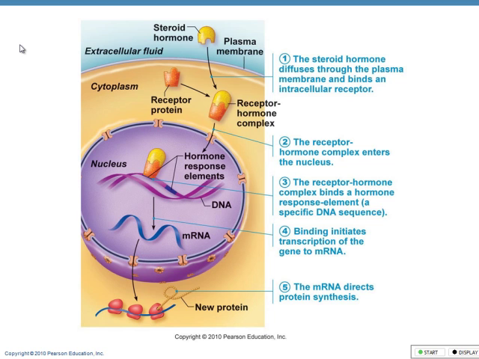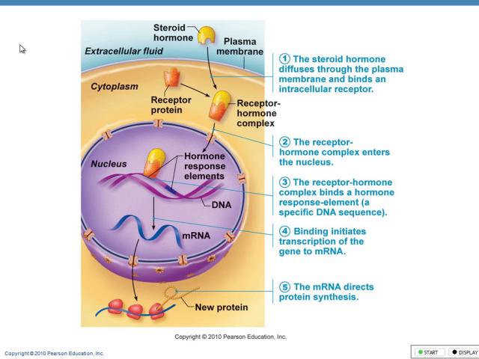So they are going to link up with a receptor protein to form a receptor hormone complex, which is then going to be transported into this big purple thing. What's the big purple thing? The nucleus. What's inside the nucleus? DNA, RNA. And what do they do for a living? Somebody said it. They help direct the synthesis of proteins.